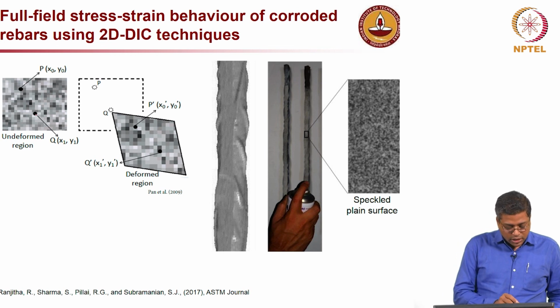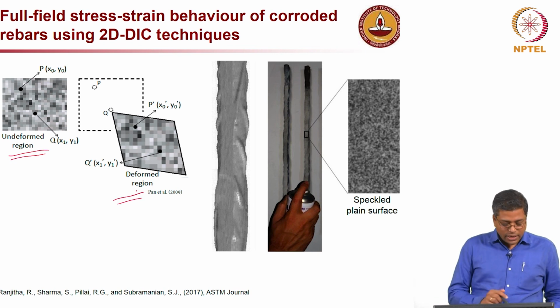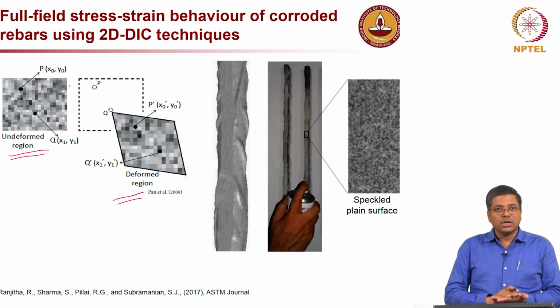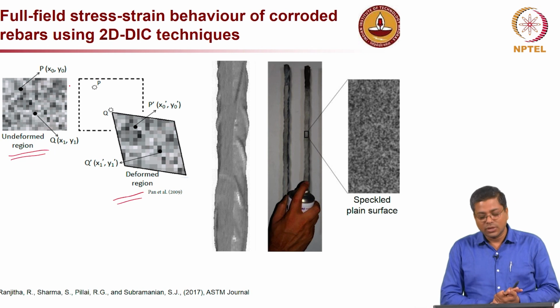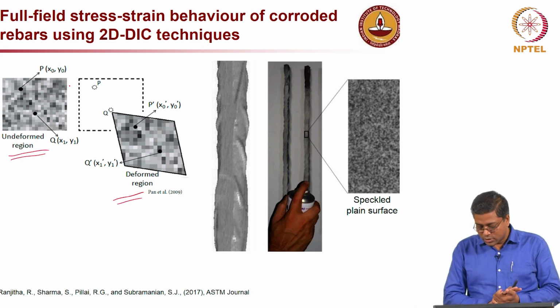So you can see here digital image correlation. Here you have undeformed region and then the deformed region. So basically the idea is, in the undeformed region, or before the testing starts, you apply a black and white speckle surface.